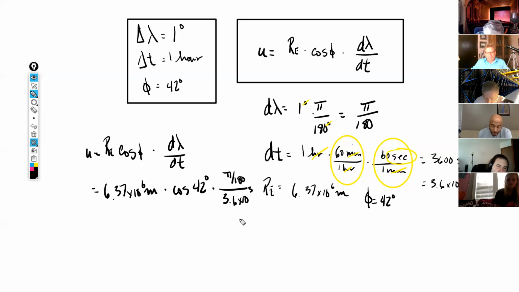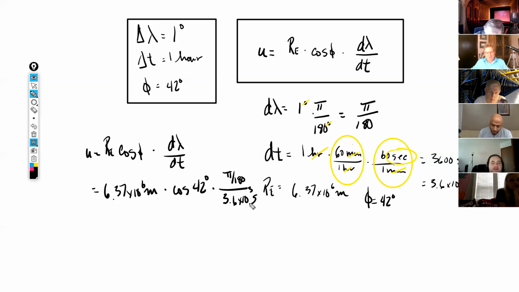So 3.6, that's lambda, right? Pi over 180, that's this. We just did that. D lambda is pi over 180.